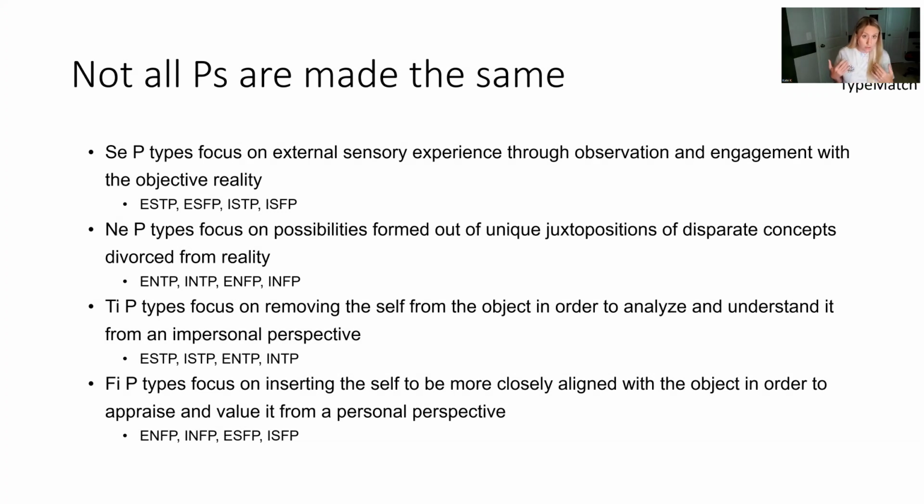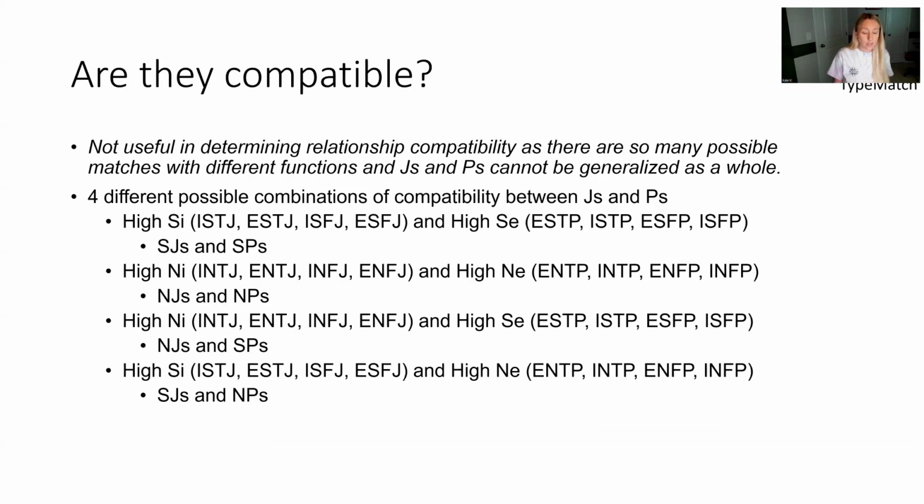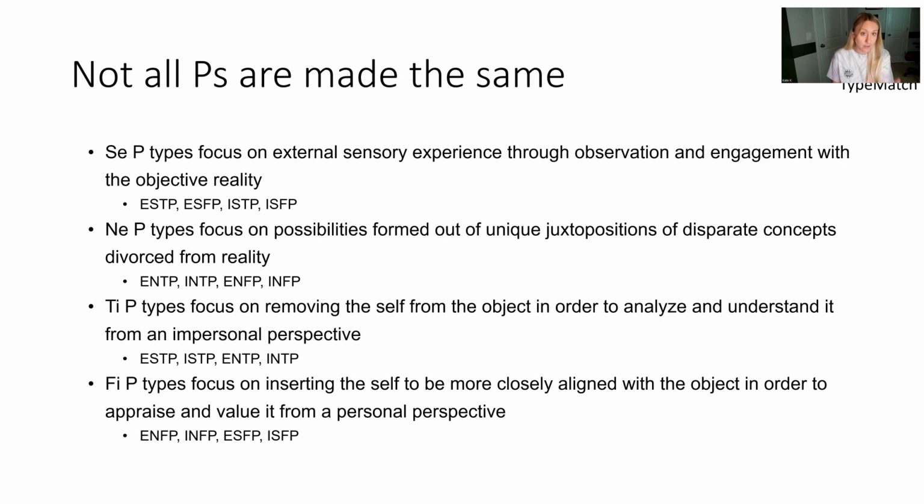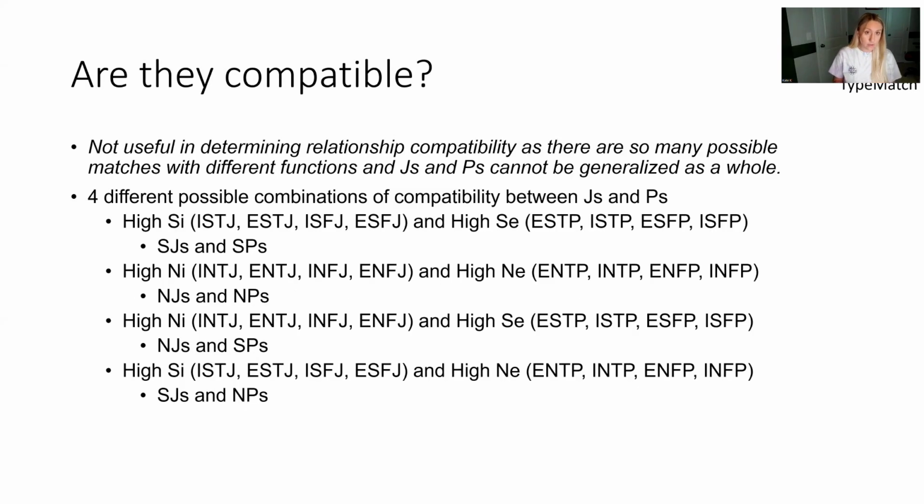So it's personal for the FI user versus impersonal for the TI user. And reality-based for the SE versus possibility, abstract-based for the NE. So P types can manifest similarly in their external affect, but the internal process is very different.